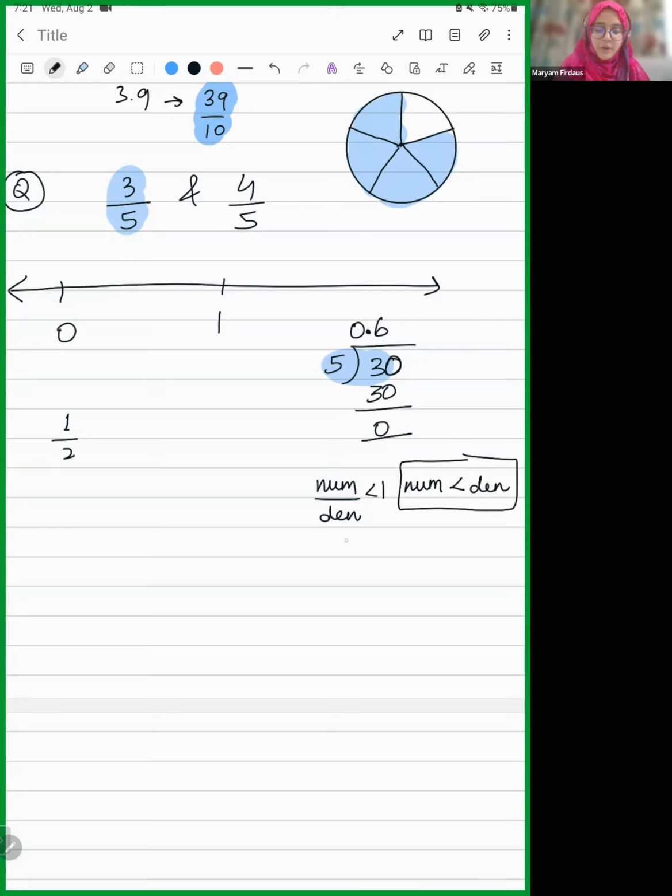If your numerator is greater than the denominator, then the fraction is greater than 1. And if your numerator and denominator are equal, this fraction is equal to 1. Obviously, if both are 5, then 5 by 5 is 1. Getting it? Yes, ma'am. So 3 by 5 is less than 1 or greater than 1?